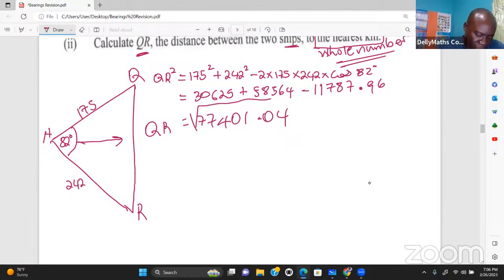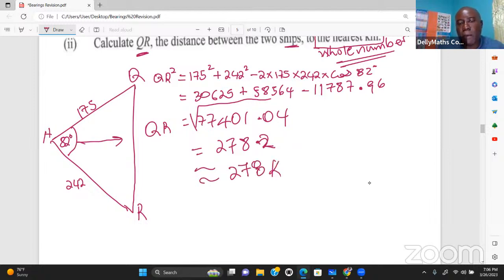So the square root of the 77,000 will give me 278.2, right? But remember, the question said to the nearest whole number. So it is 278. Nearest whole number, that's the nearest kilometer.